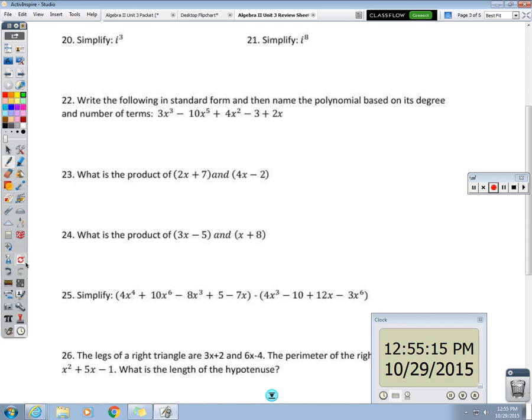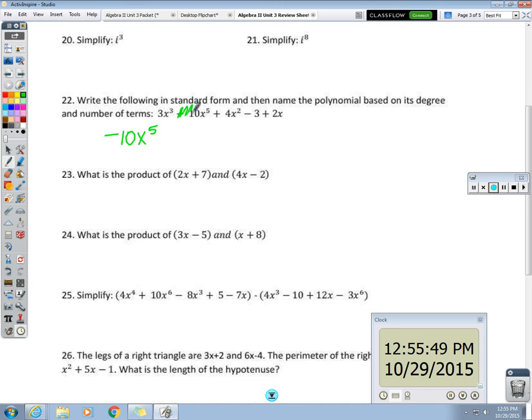Number 22, write the following in standard form and then name the polynomial based on its degree and number of terms. Okay, so when we write that in standard form, what do we have to do? Okay, let's talk about that. Dontavius said put the constant first, but when you put the constant first, that's only for what kind of problems? The ones with complex numbers. This doesn't have any imaginary numbers, so that standard form is the opposite. You start with the highest exponent, which is that -10x to the 5th.